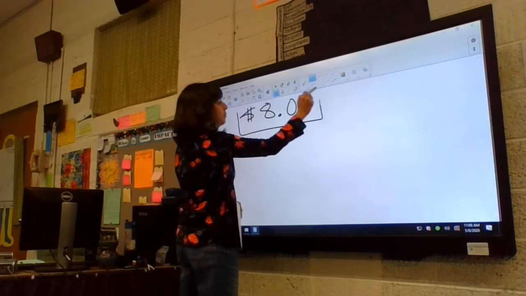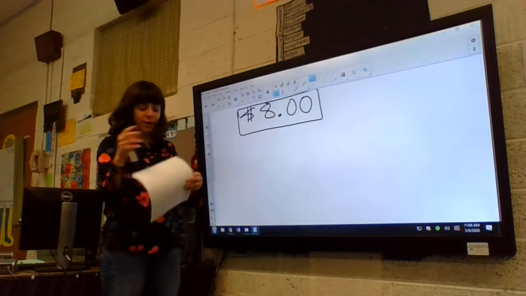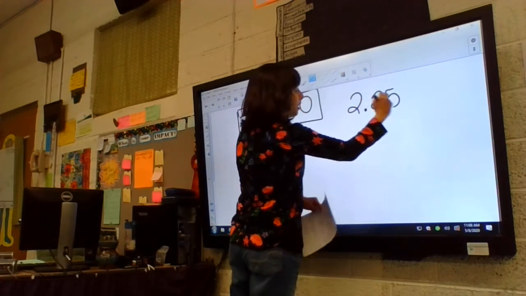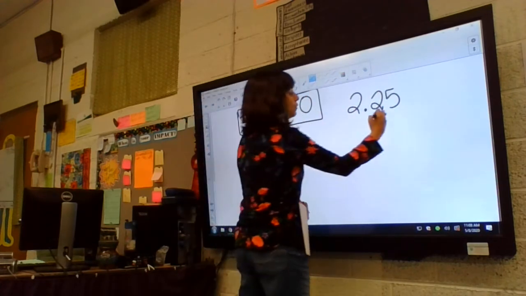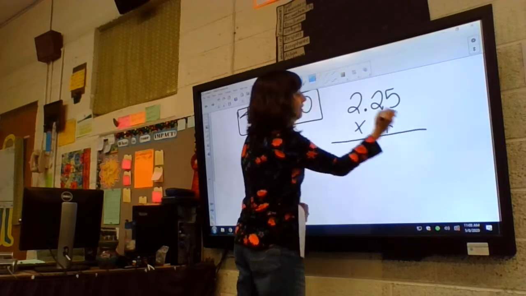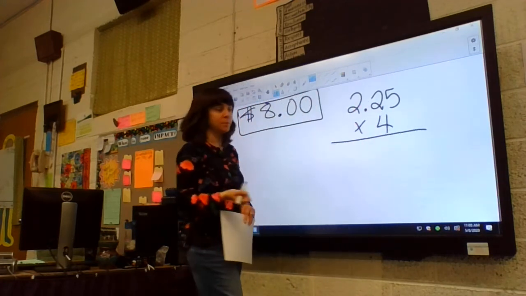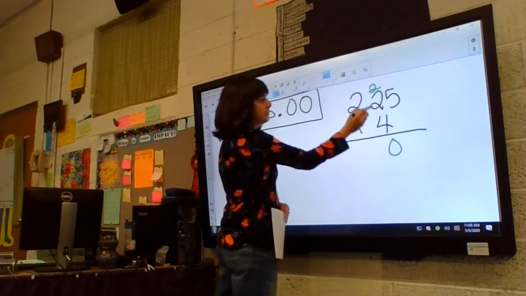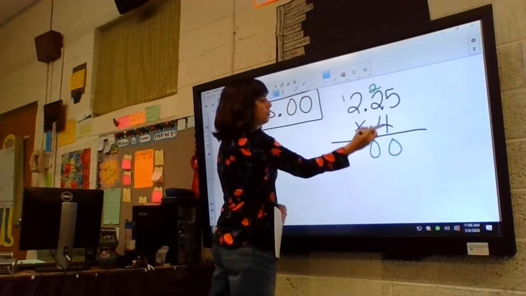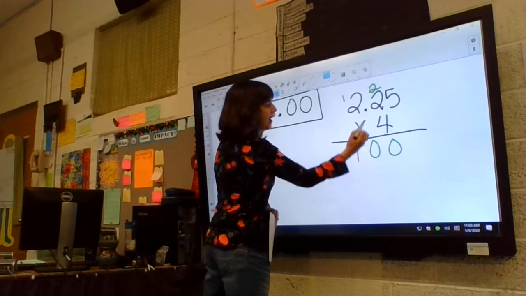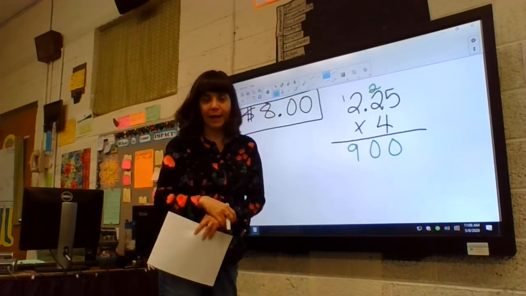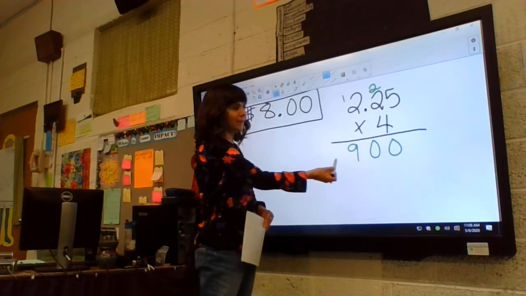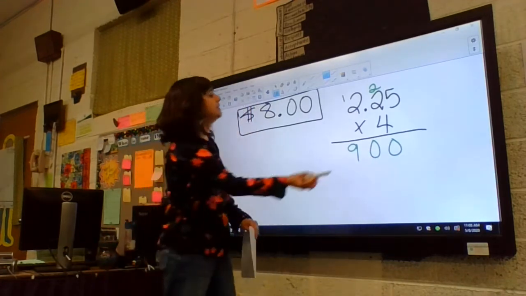So we're definitely going to pay this $8 no matter what. And then we're going to pay $2.25 per hour, and we're renting the bicycle for 4 hours. So you could add that 4 times, or you could just multiply, okay? 4 times 5 is 20. 4 times 2 is 8, 9, 10. 4 times 2 is 8, 9. Goodness gracious, we're not going to spend $900 on 4 hours, or $90 even, or 90 cents.